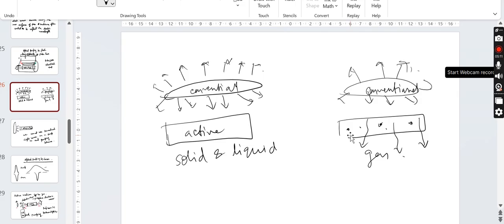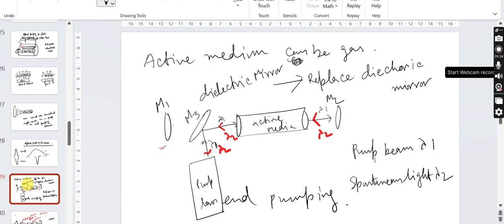The main reason for pumping is to send these gas molecules, ions or atoms to their excited state. But if the light ray cannot hit those gas molecules, atoms or ions, then pumping won't happen. So that's the reason we need optical pumping by laser for gaseous medium.